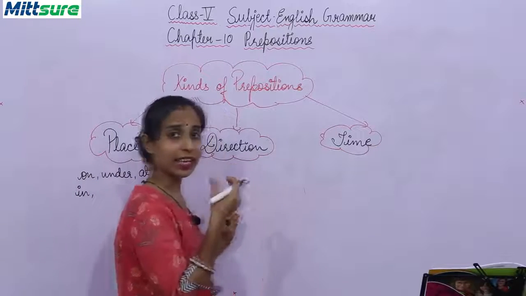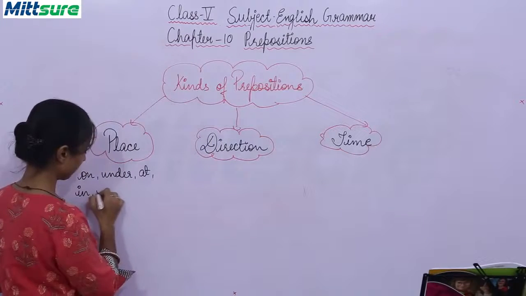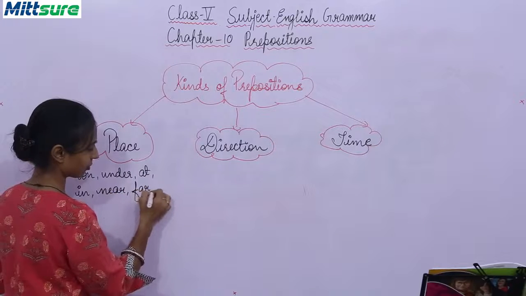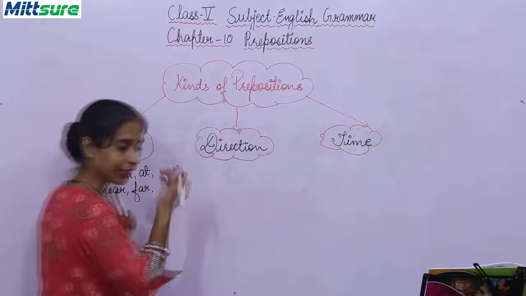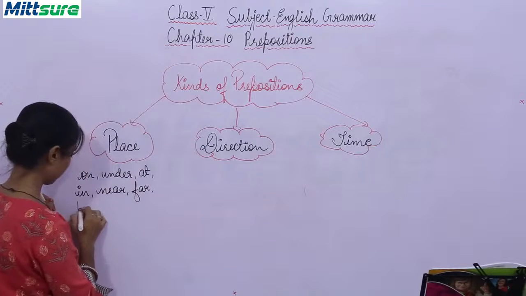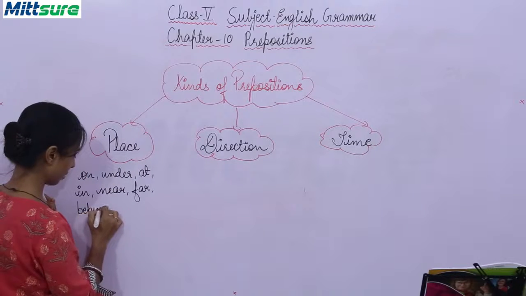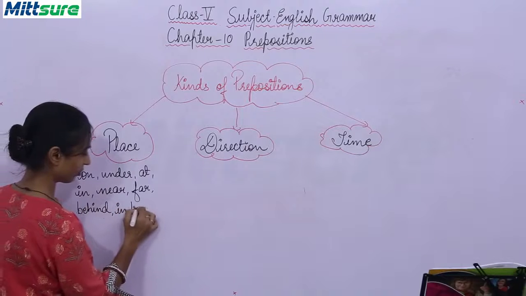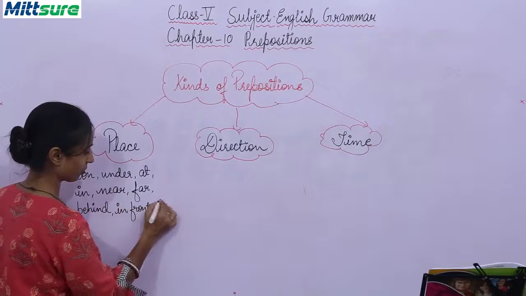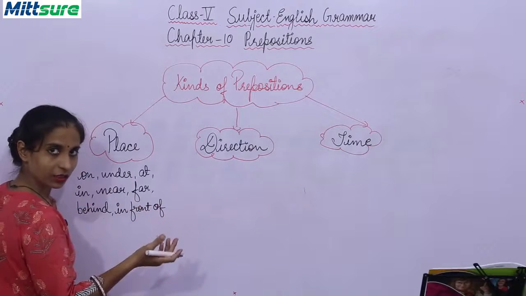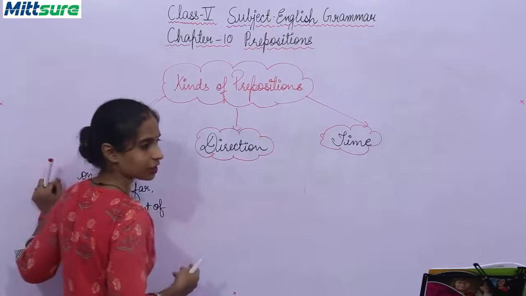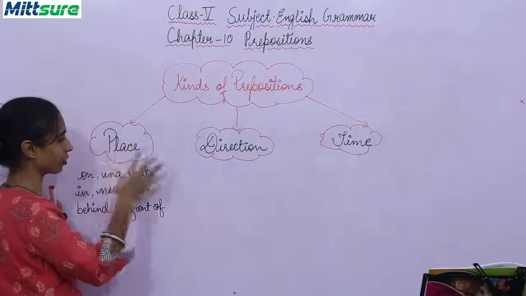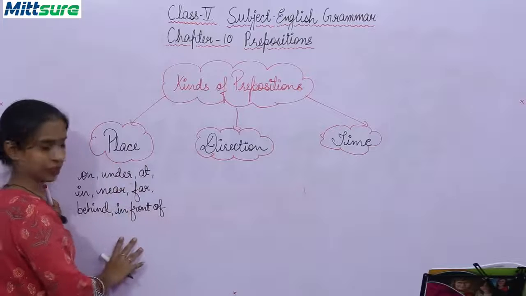There are many like near, far, and behind, in front of, like that. Alright. These words show the position or the place of anything.